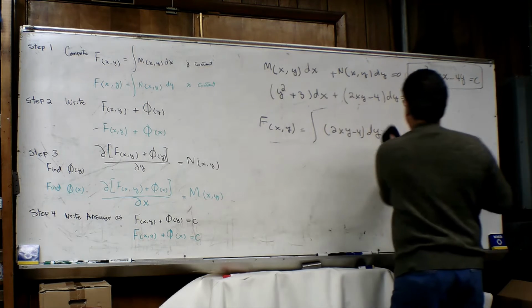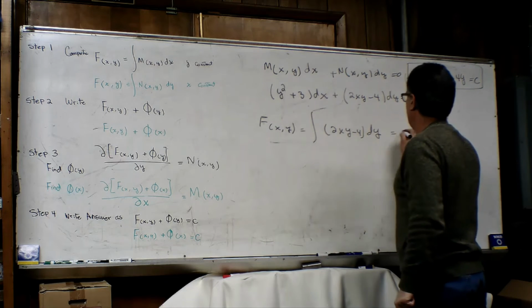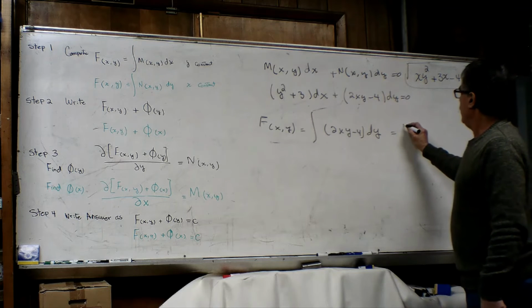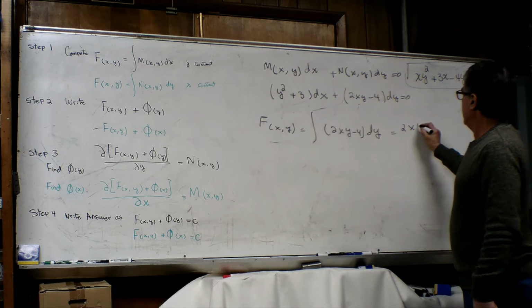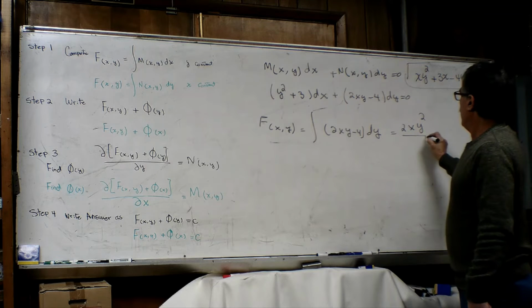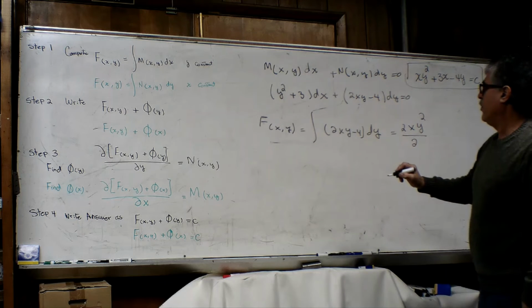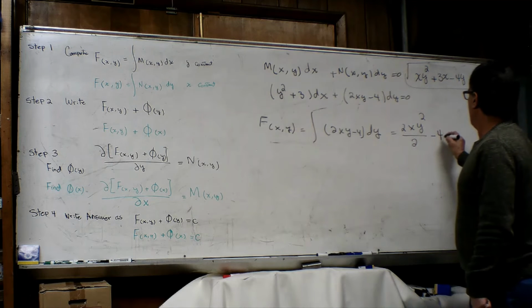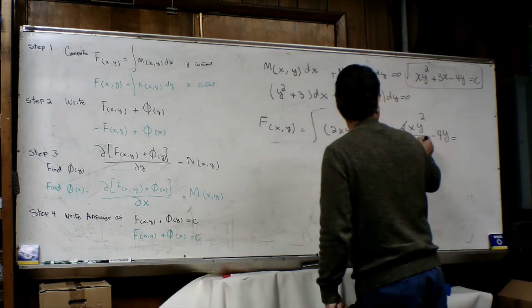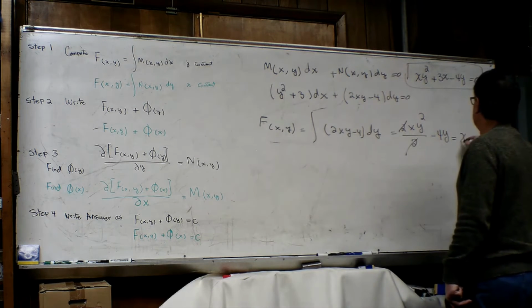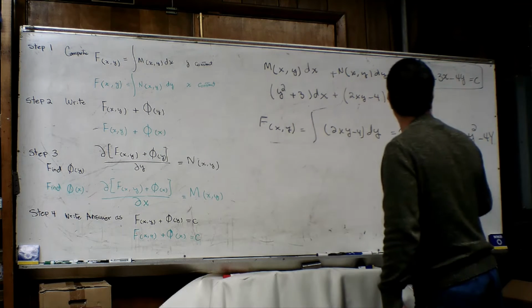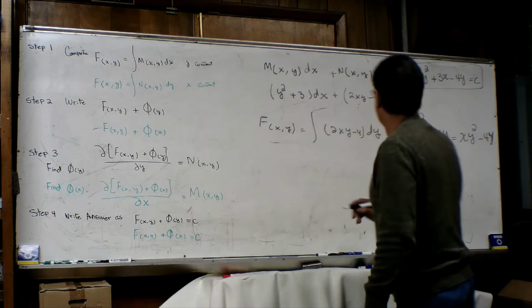If we integrate that, this will be equal to 2xy squared over 2 minus 4y. The 2 and 2 will cancel out, giving xy squared minus 4y.